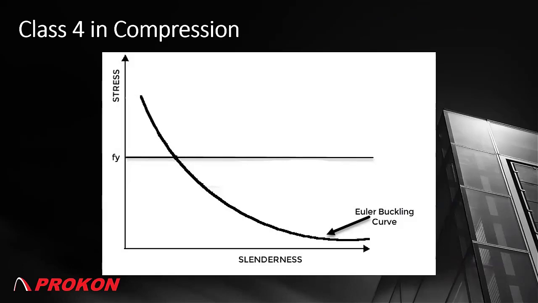Now we narrow down the discussion to a Class 4 member in pure compression. We can plot the maximum stress against the slenderness of a column to obtain a graph that looks something like this. The Euler buckling curve shows under which load the column will undergo global buckling, and the yield stress line shows at which slenderness the failure is governed by the yield stress.